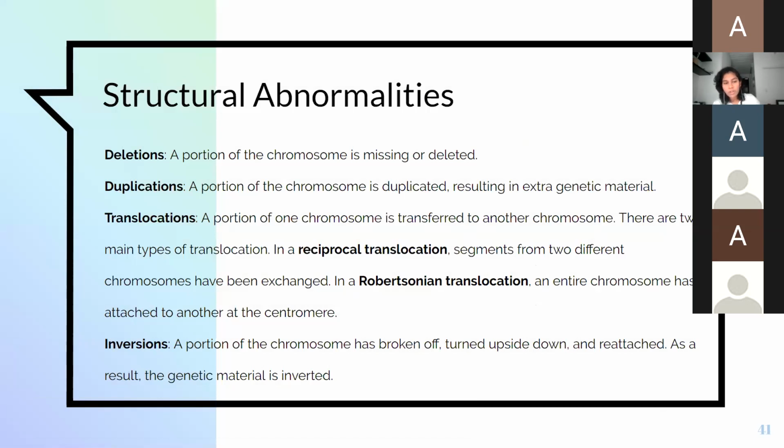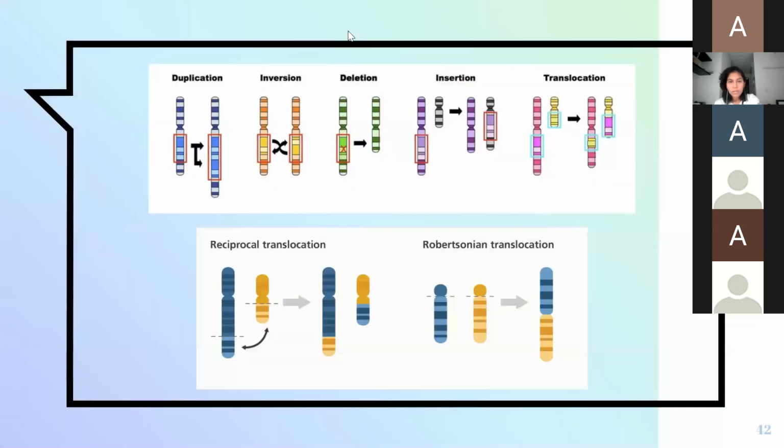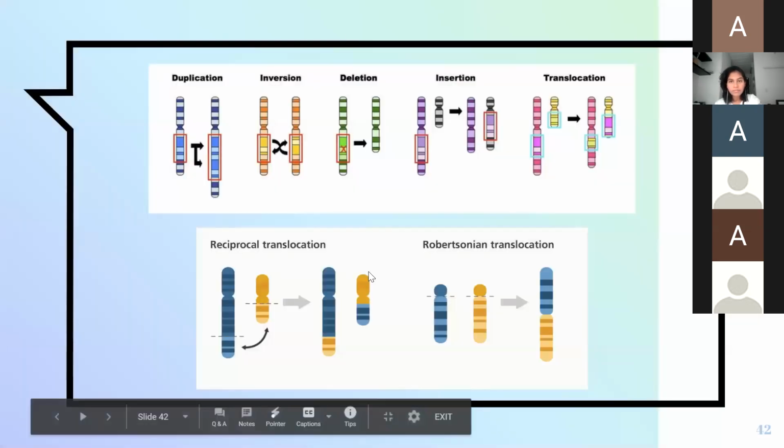So again, that's a bit of information on that. And then you have your inversions, which is essentially when a portion of the chromosome is broken up, turned around, and then reattached. The result is that genetic material is inverted, but there's no loss or gain of genetic material.